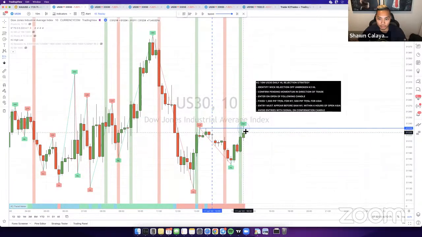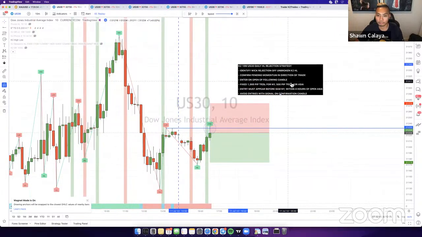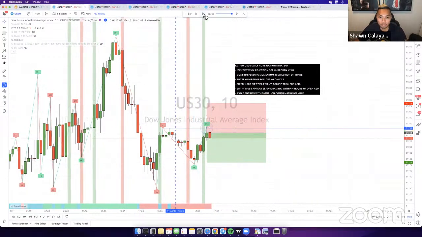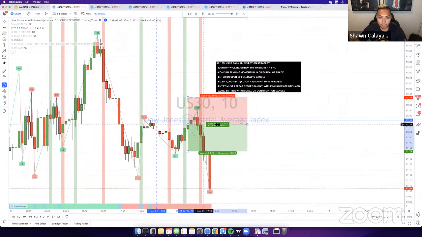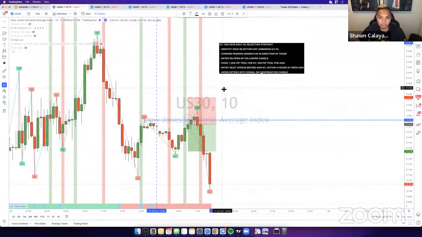We have the rejection off the candle right here. We enter on the open of the following candle, which would be right here. We go for 500 pips during Asia session. And you let it run, and there you go, full TP. So basically a fixed 500 pips during Asia, fixed 1,000 pips during New York.